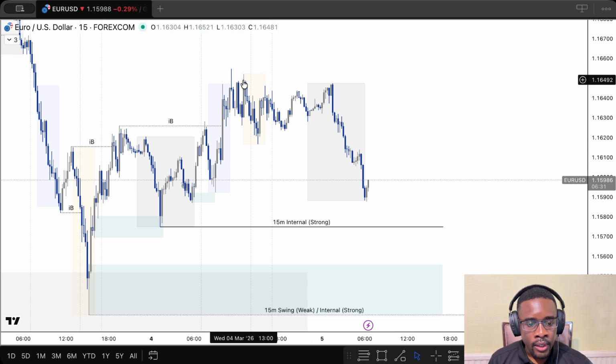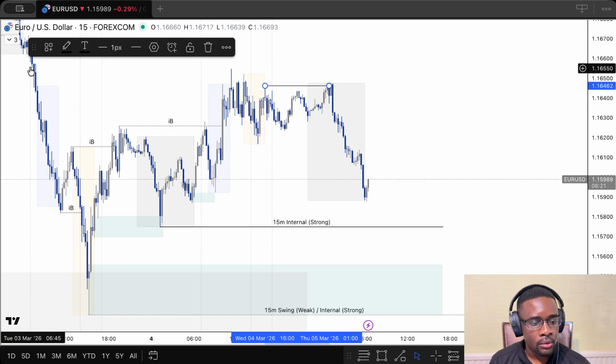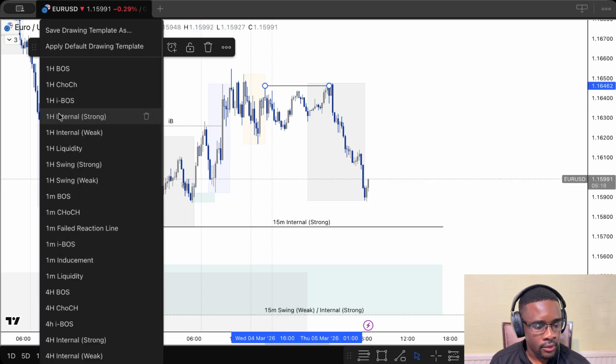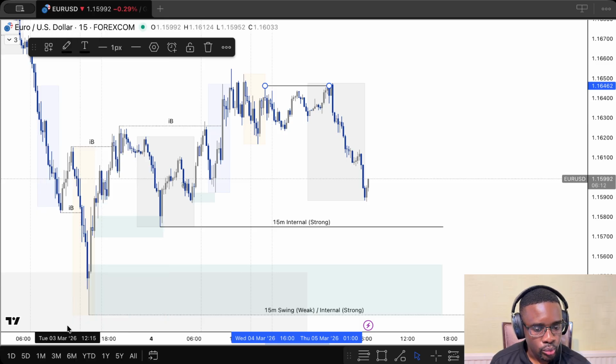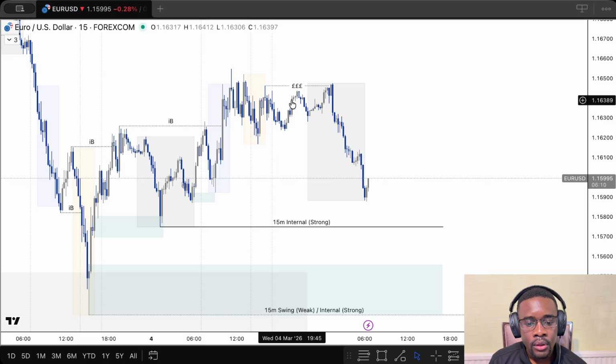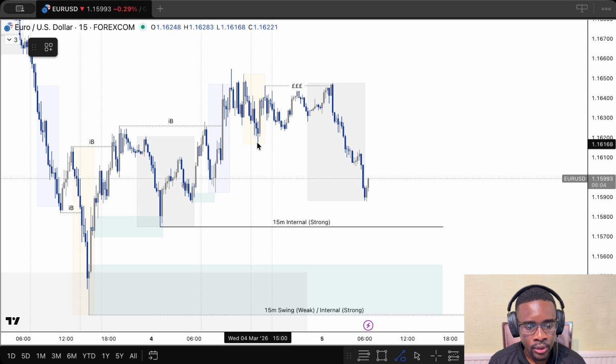So what do we have here? Obviously you can see price has kind of liquidated that 15M, and that's been the fuel for price to push down strongly.